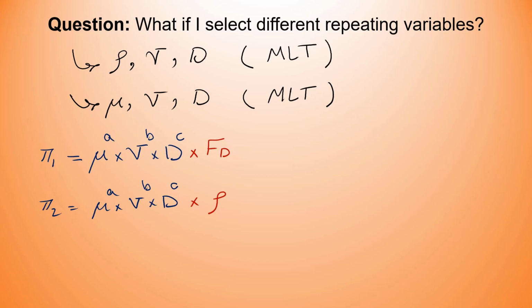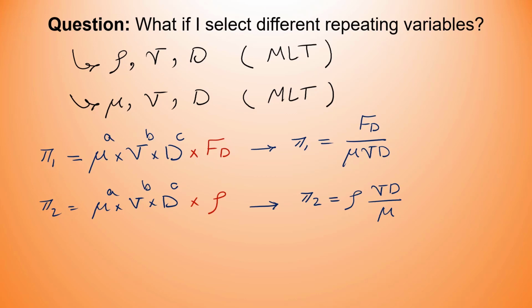The same process. You go through the same process. I'm obviously not going to go through the process again. I'm going to show you that this time pi 1 is going to be F_D over mu v d, and pi 2, if you do all the calculations in algebra, is going to be rho v d over mu.